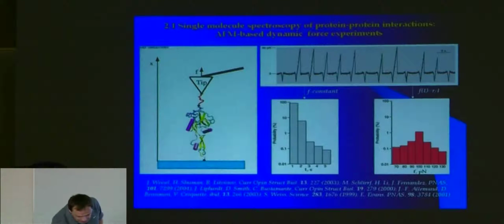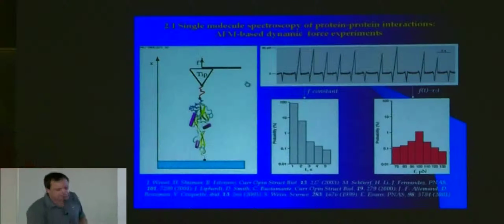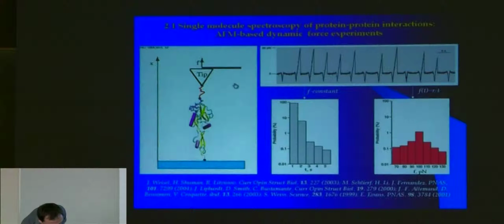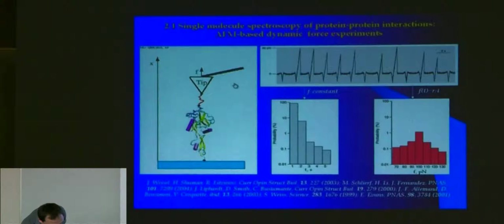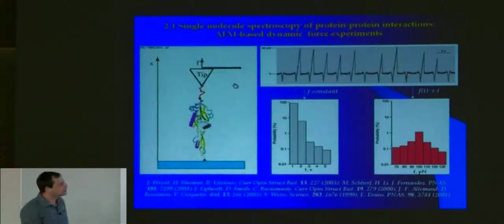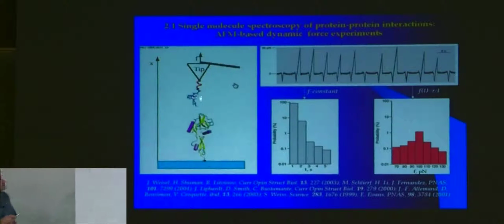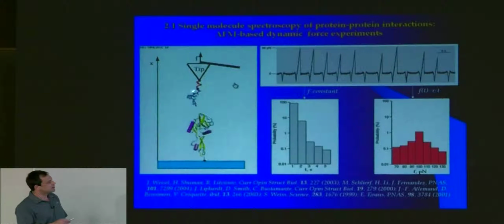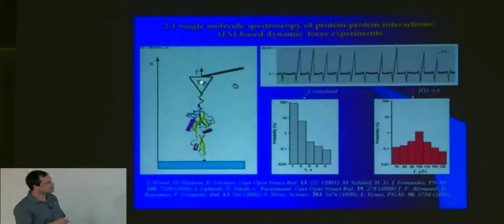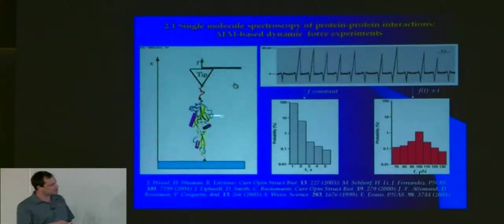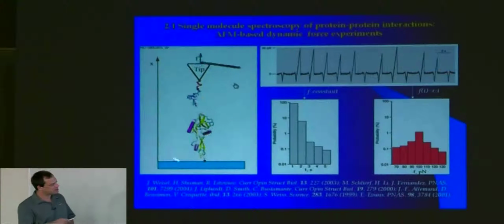So the way this experiment is done is the ligand is being attached to the cantilever tip, with a short linker, shown in red, and then the protein of interest, in our case the P-selectin receptor, is attached to the surface.